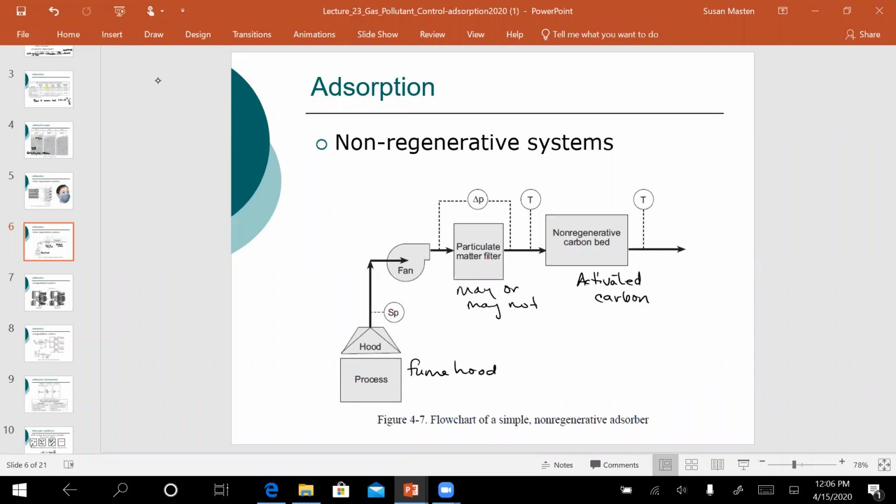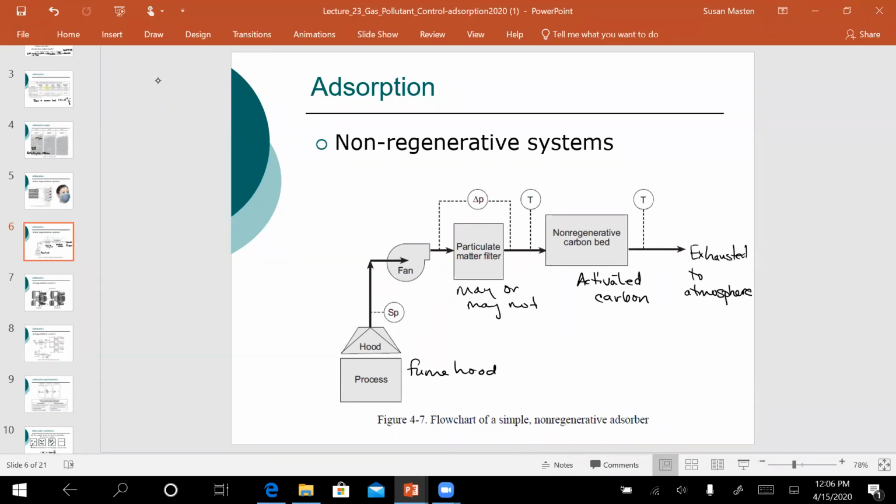And when that carbon system is what we call exhausted, so basically it can no longer effectively remove more of whatever contaminants we're trying to remove, then we would remove that and replace it with typically a new cartridge, and that clean air is exhausted to the atmosphere.